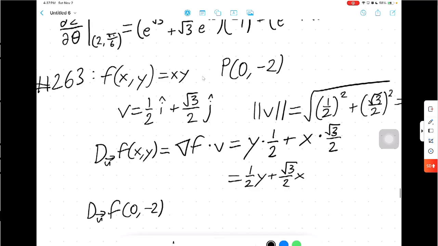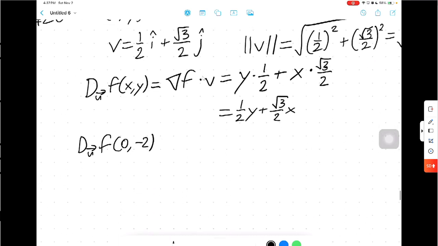And now we just have 0, -2. 1/2 times -2 plus root 3 over 2 times 0, which is equal to -1.